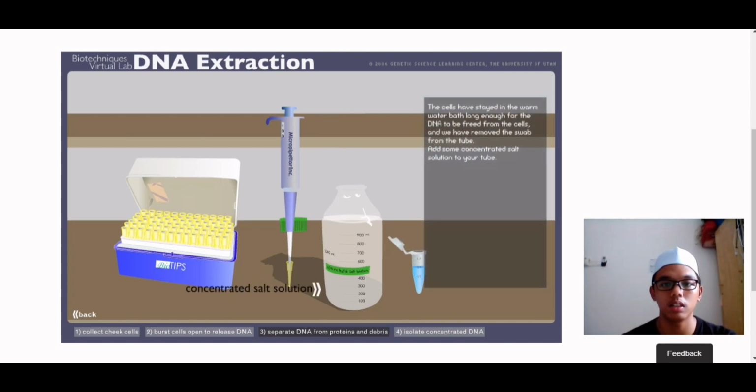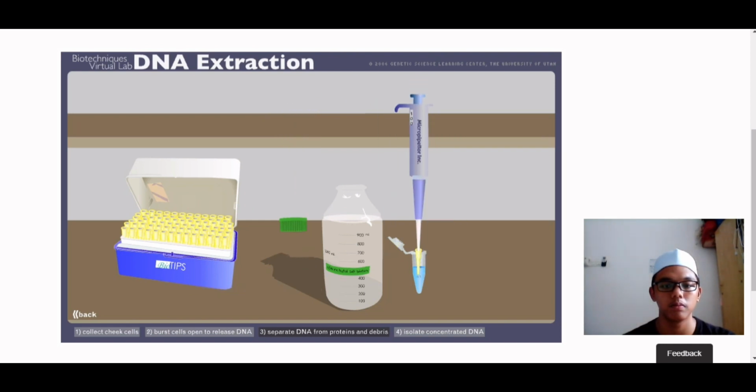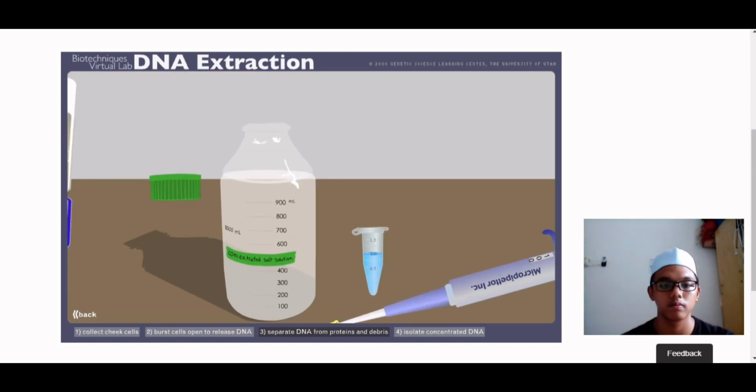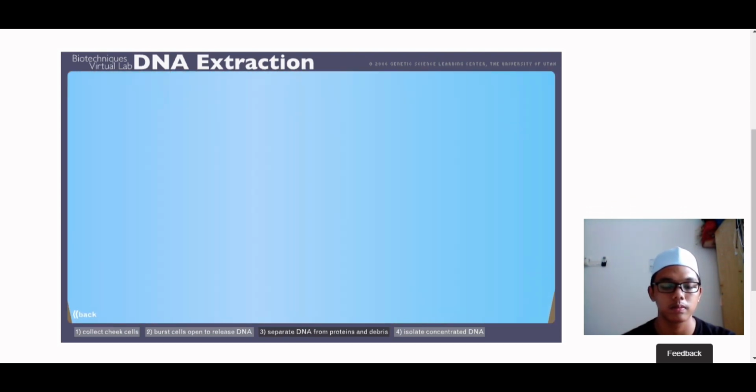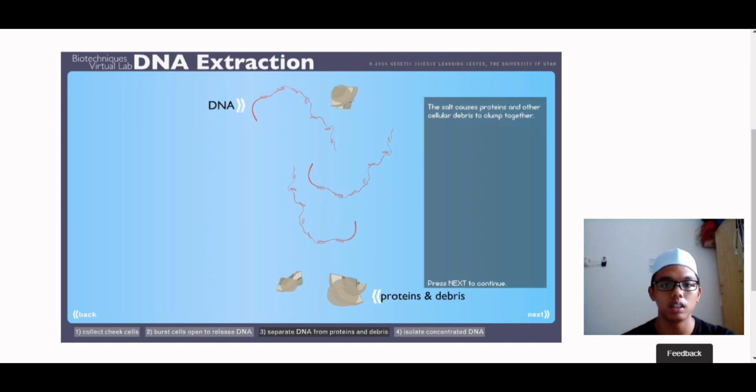Now the cells have stayed in the warm water bath long enough for the DNA to be free from the cell. We remove the swab from the tube and add some concentrated salt solution to the tube. The salt causes proteins and other cellular debris to clump together.